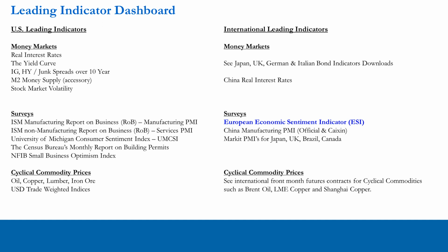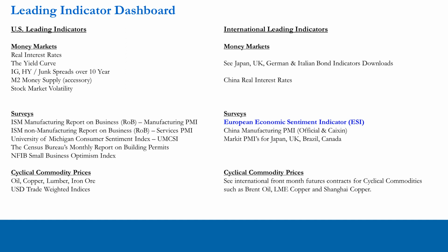Additionally, in international cyclical commodity prices, you can see from the downloads area for cyclical commodity prices in that video, in the files, you do get the international front month futures contracts for cyclical commodities that are international, such as Brent oil, LME (London Metal Exchange) copper, and Shanghai copper.